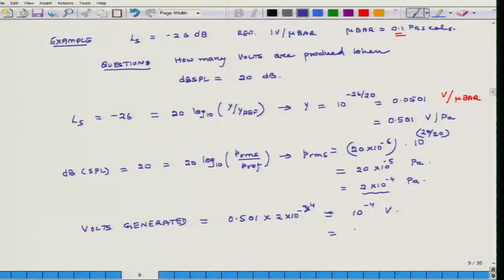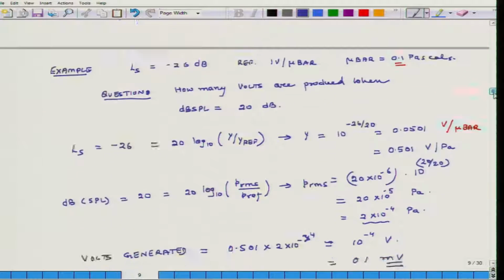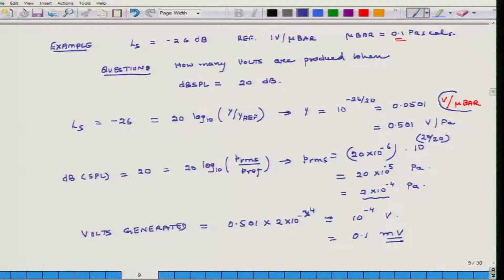So, that is 0.1 millivolt. Okay. So, it is important to understand the significance of this reference number, because based on this reference number, this value y changes.